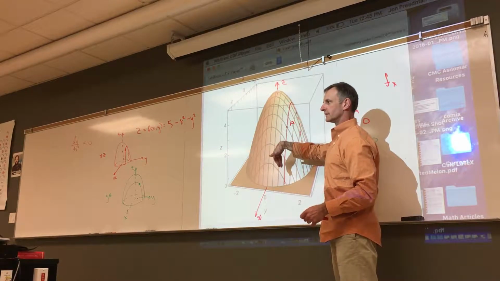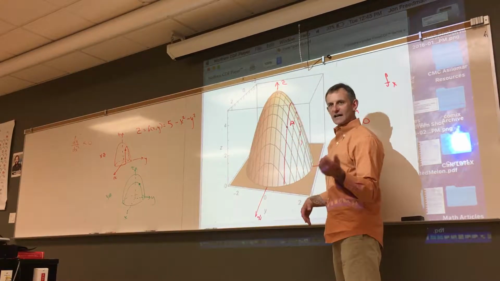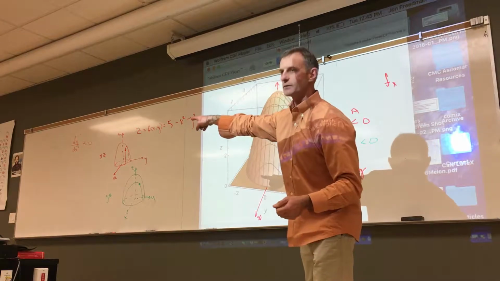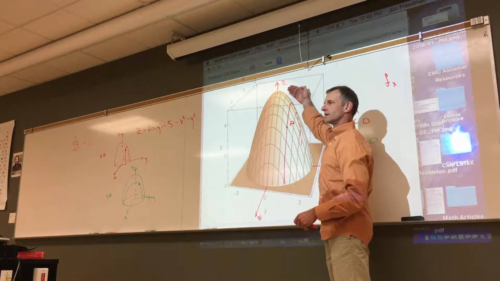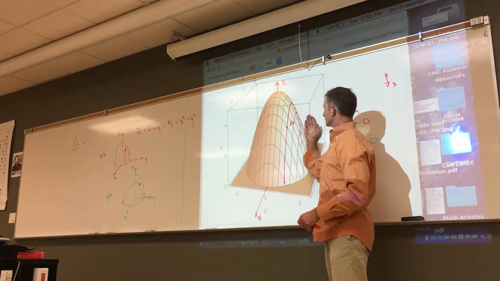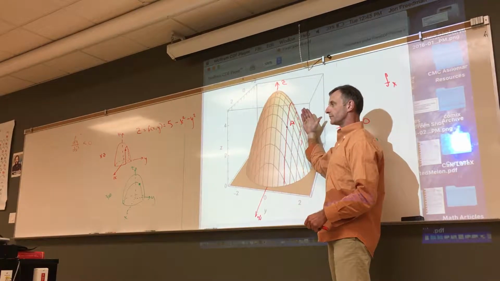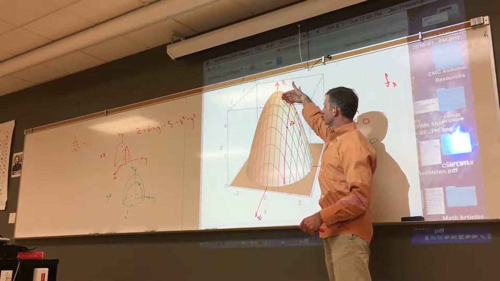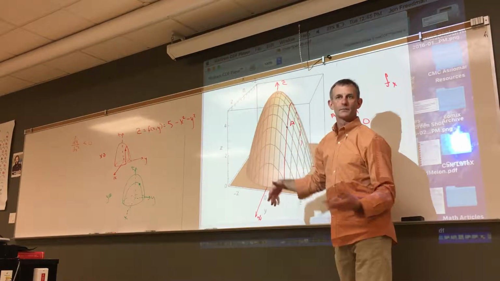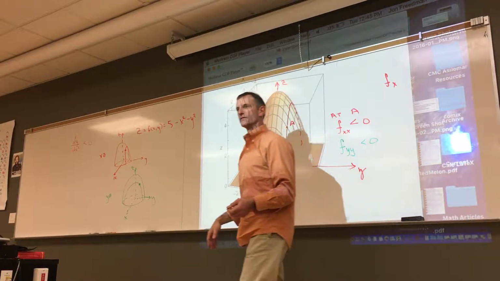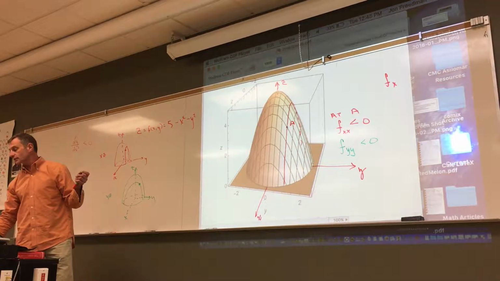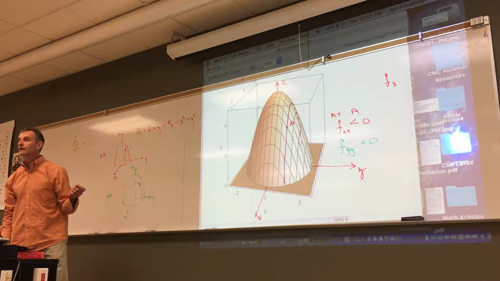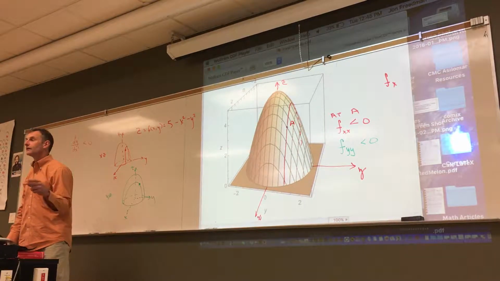So as x increases, on the backside the derivatives are positive but getting smaller, here they're 0, and as I move forward, they're becoming more and more negative. And that's why we have a second derivative in the x direction that's less than 0.